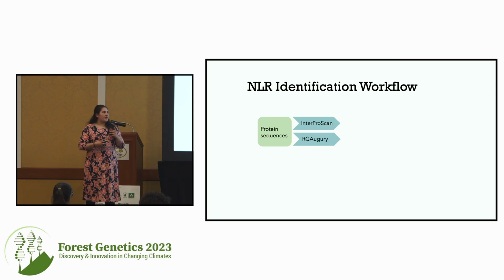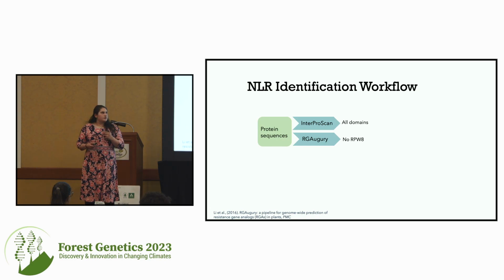RGAugury is more of a specific pipeline for the identification of NLRs that was developed in about 2016. The reason I used both is that I could not identify one of the N-terminal domains with RGAugury, and InterProScan doesn't have as good coiled-coil domain identification.